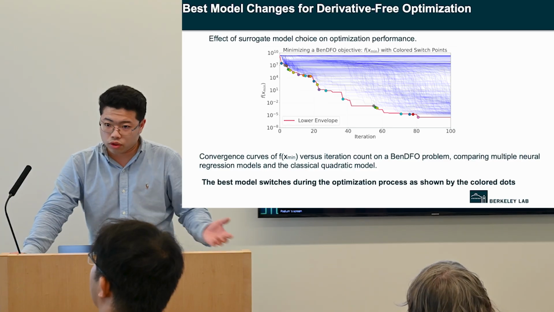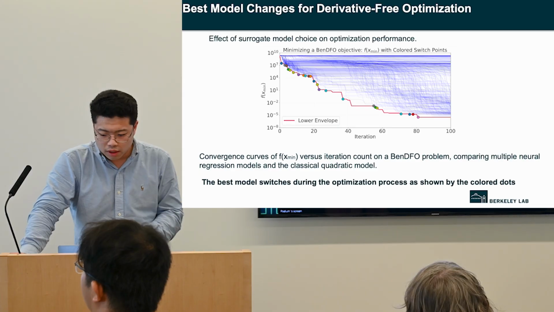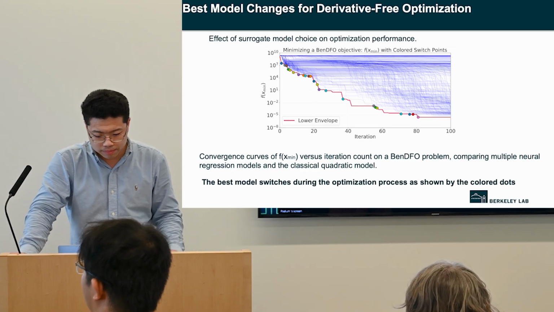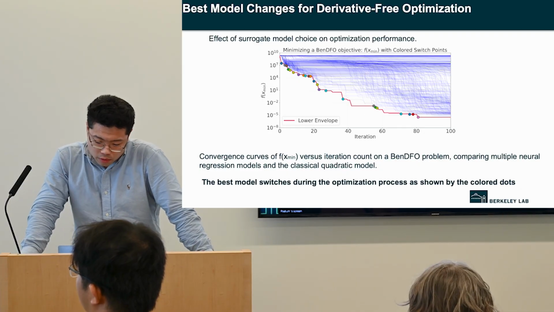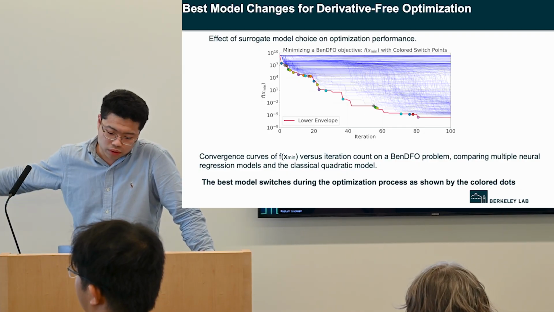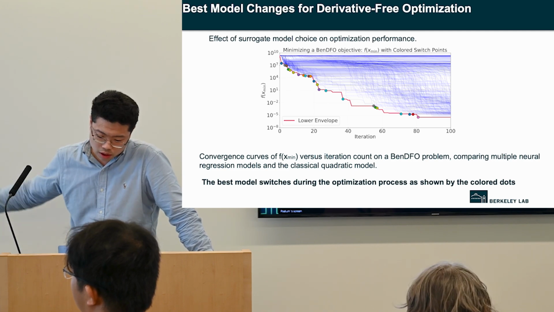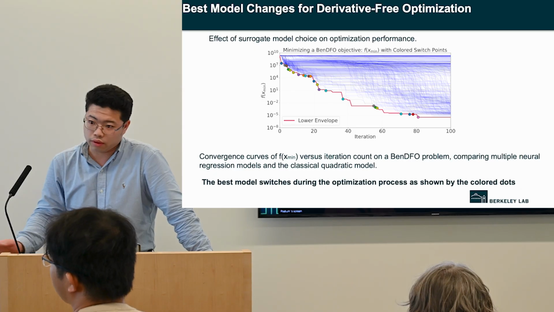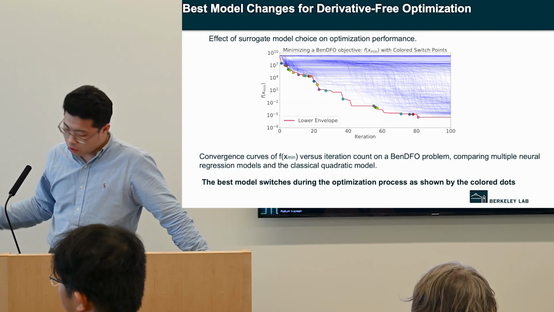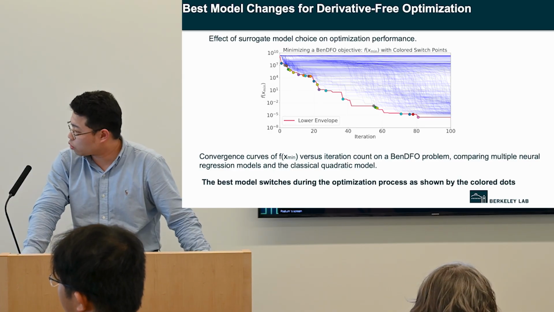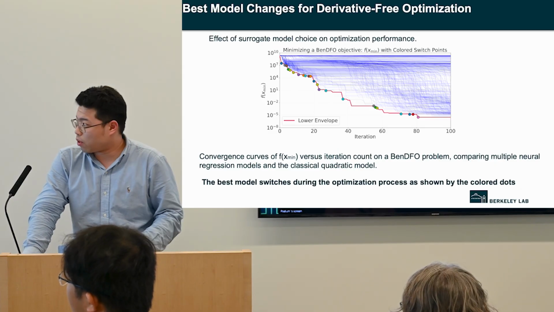You can imagine that the model approximation part will influence the whole optimization process. So we make a very simple comparison here, where we use the same optimization framework to solve a derivative-free optimization problem using different approximation models, for example, the classical interpolation models or some neural network regression models.